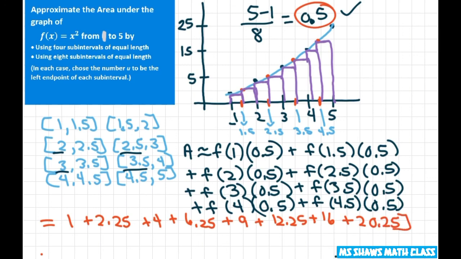And then I'm going to just take half of that. So I'm going to multiply this by 0.5. I just factored out a 0.5. And this is going to give you 35.5. And that's your final answer.